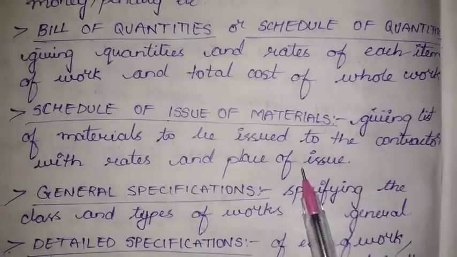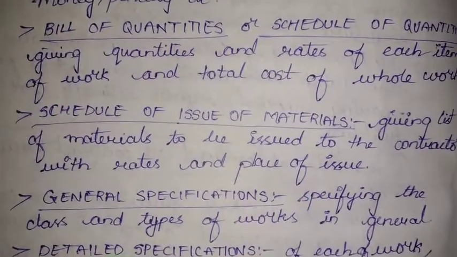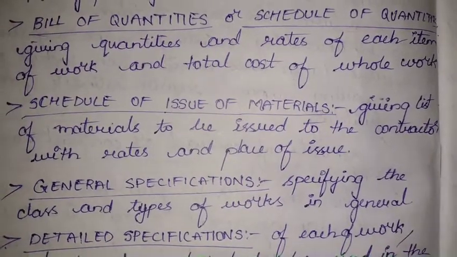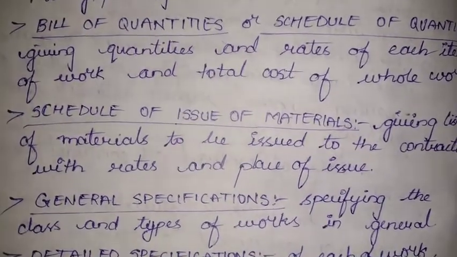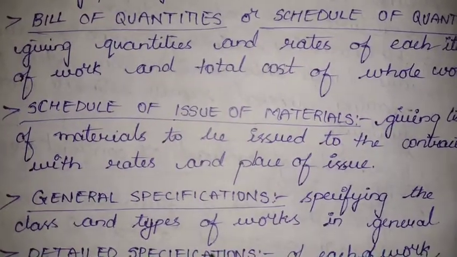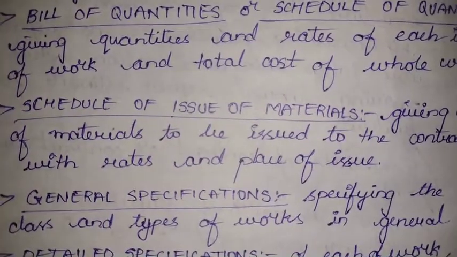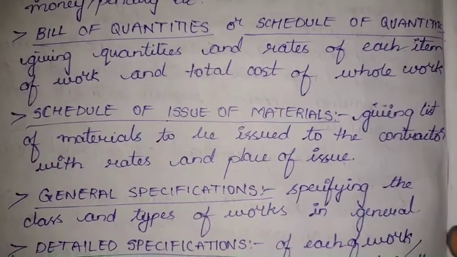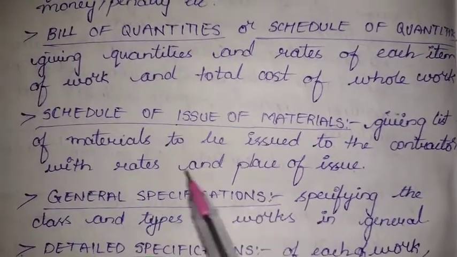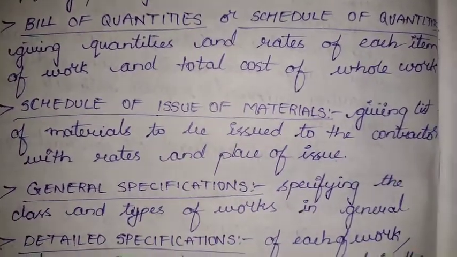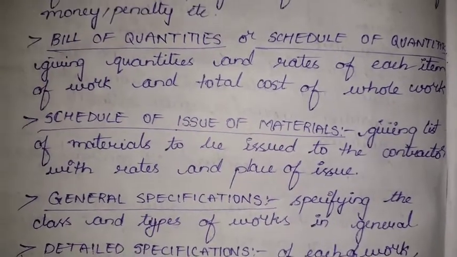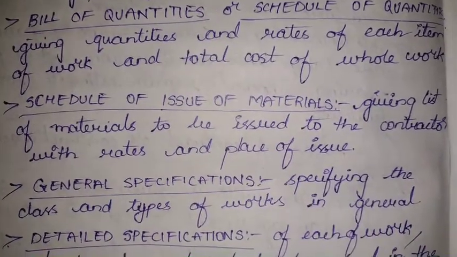Whenever we give materials to the contractor, we have to mention the materials we are providing and the materials which they have to buy. Whenever a contractor undertakes a work, some materials will be issued to them by the assigning party and some they have to buy by themselves.